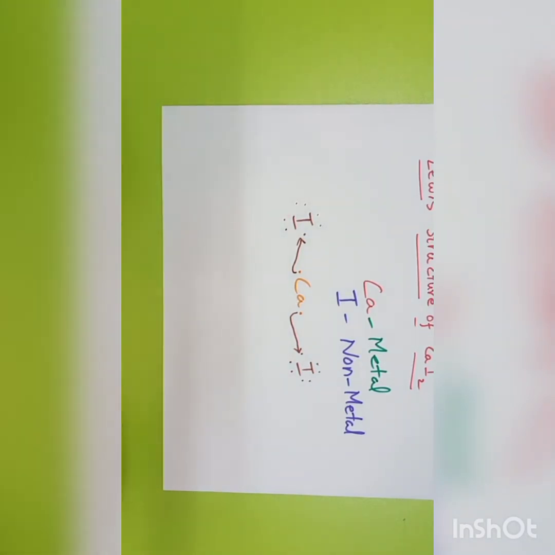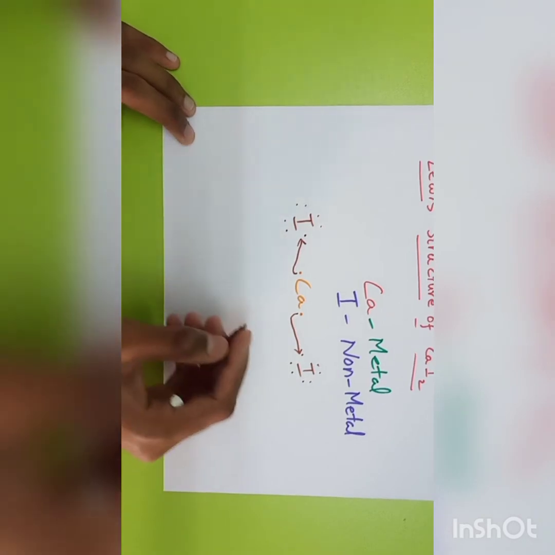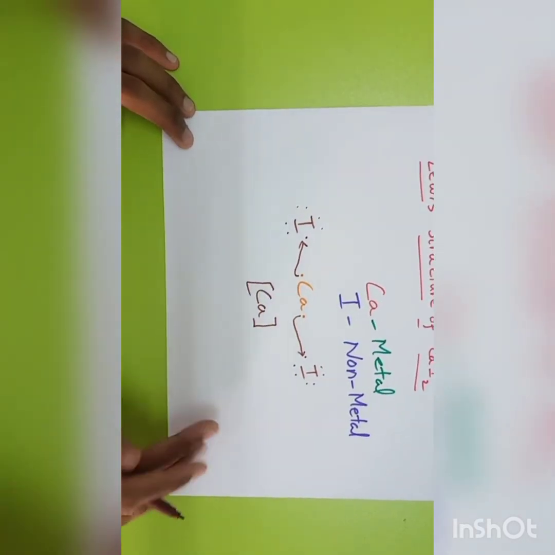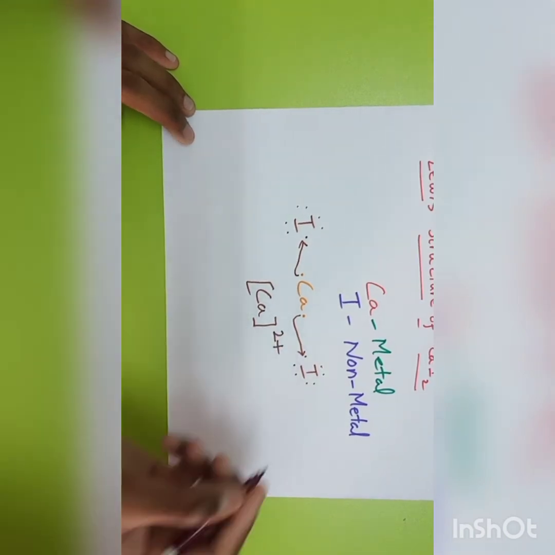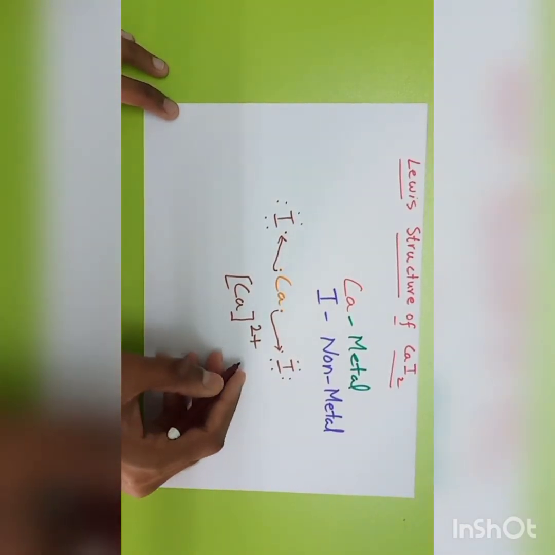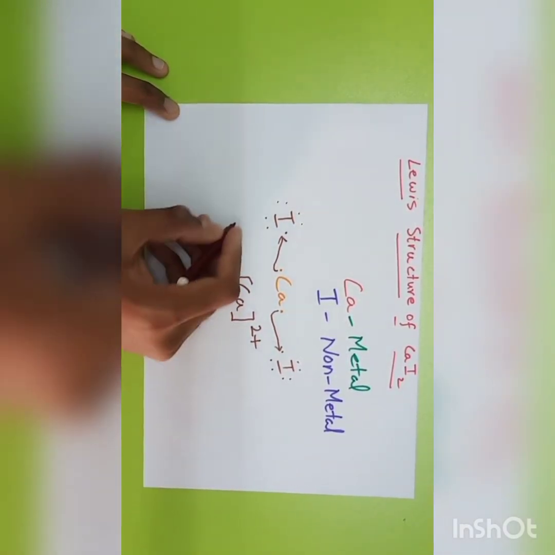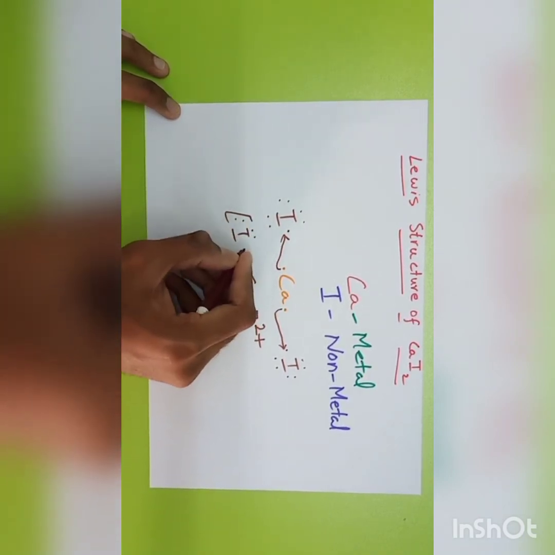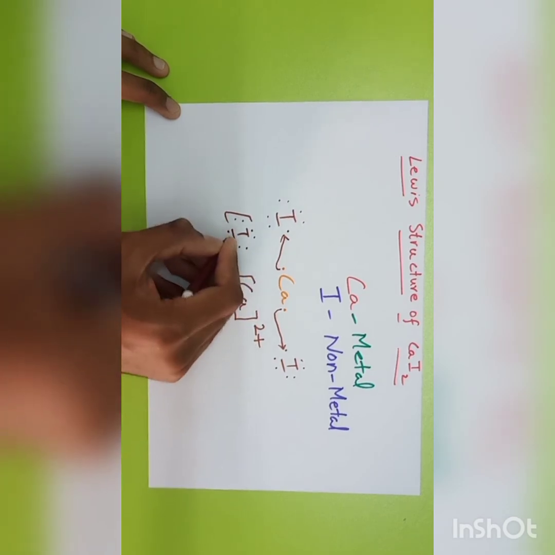So here you have to understand that in the calcium Lewis structure, when drawing like this, it should be 2 plus. You have to denote it with plus because calcium lost its electrons, whereas the iodine gained the electrons. So the left side iodine has 1, 2, 3, 4, 5, 6, 7, 8.